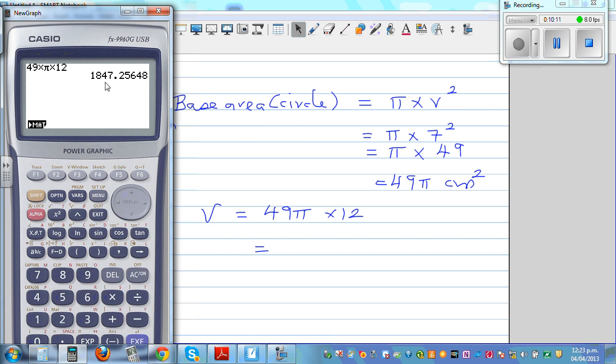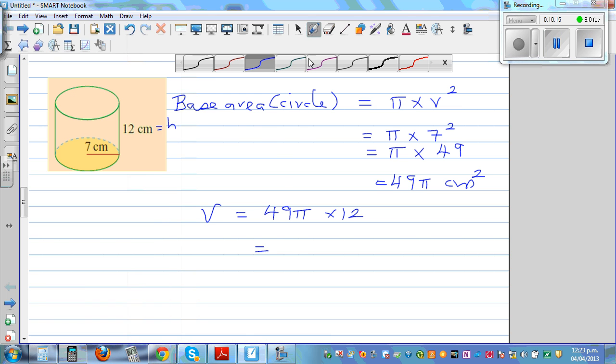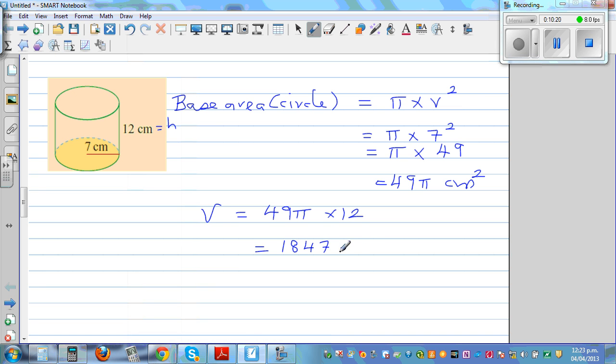So let me write the whole number. It's 1847 centimeters cubed. I should write in the bracket that I've rounded it to the whole number.